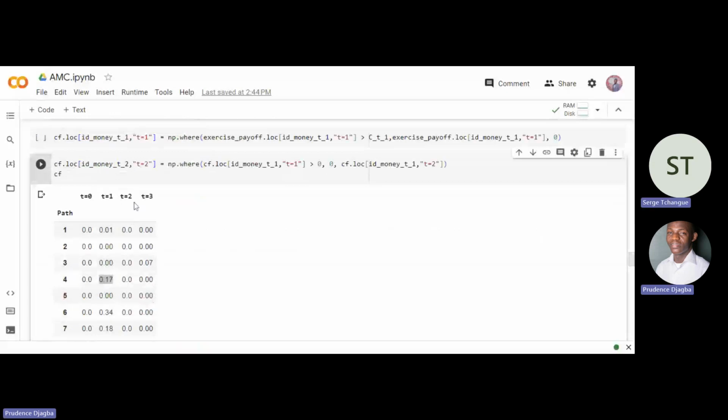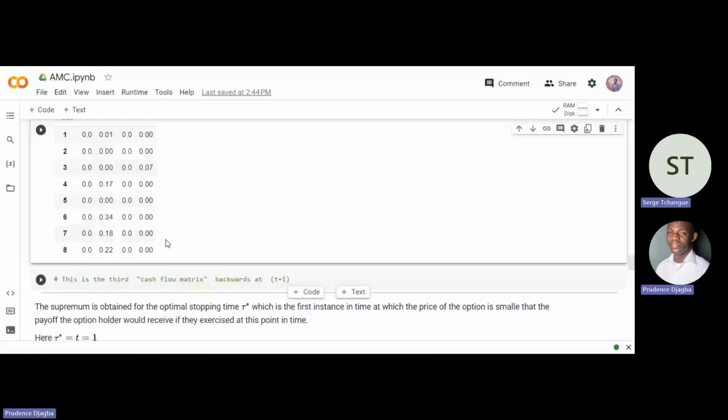The third one is obvious, because it's terminal. You need to get T2, T1, and also T0. At T0, the expected value there is not 0. You should have a value there.